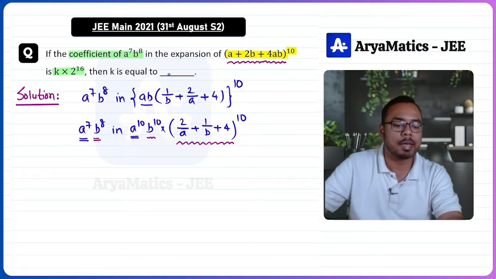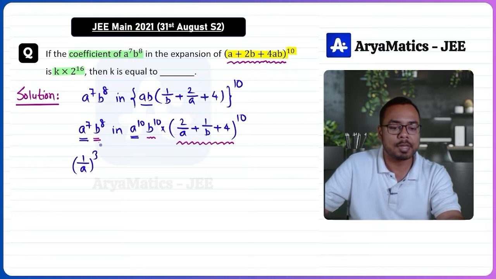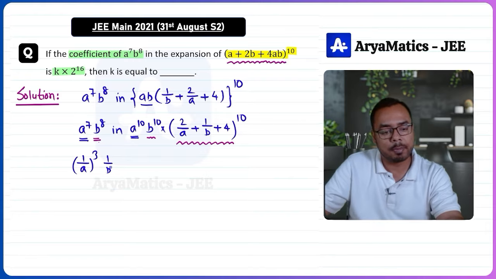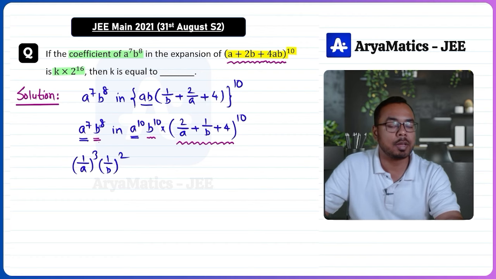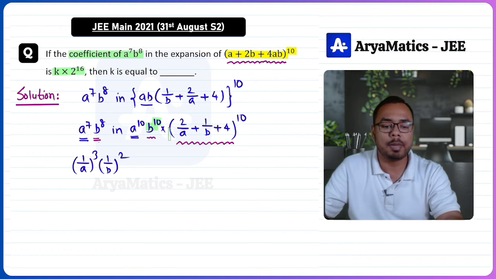So basically in the next line you can write that we need the coefficient of 1 by a cube into 1 by b square, because we have to create b raised to 8. We already got b raised to 10 here. So in this multinomial, we need 1 by b square.